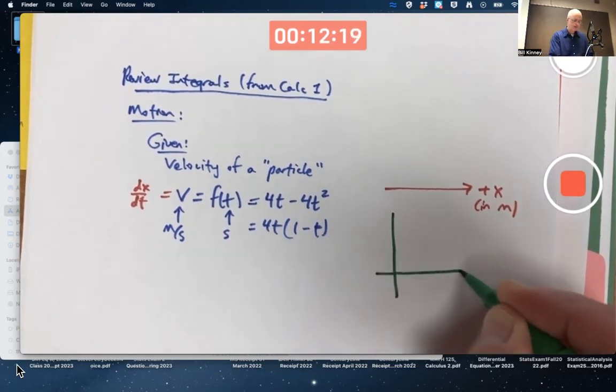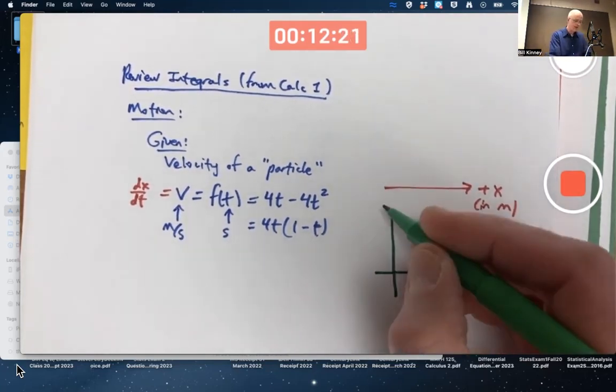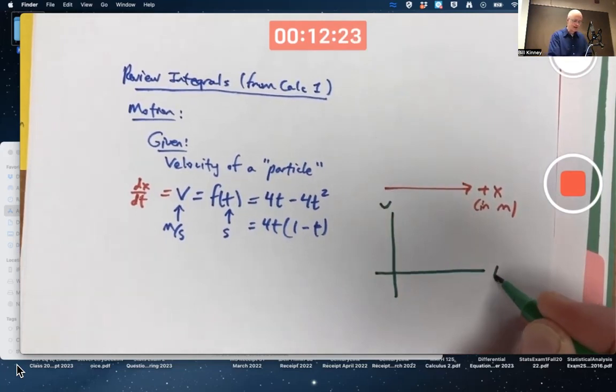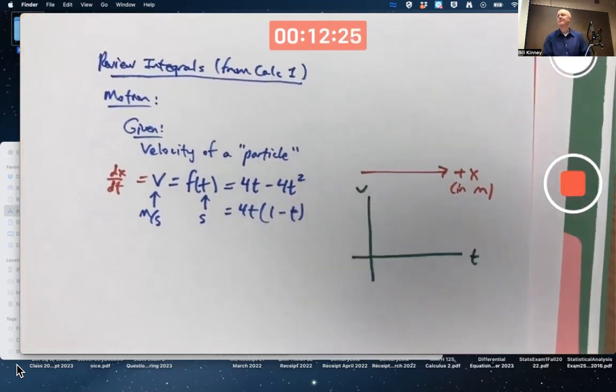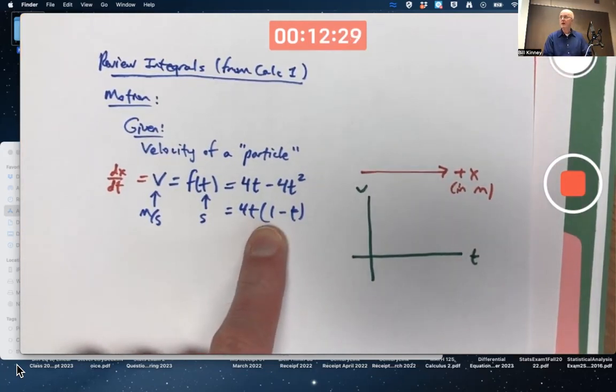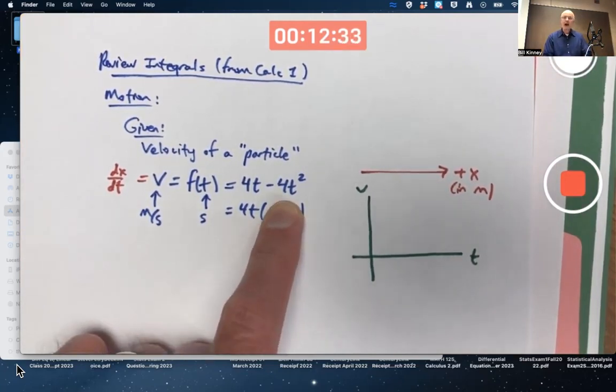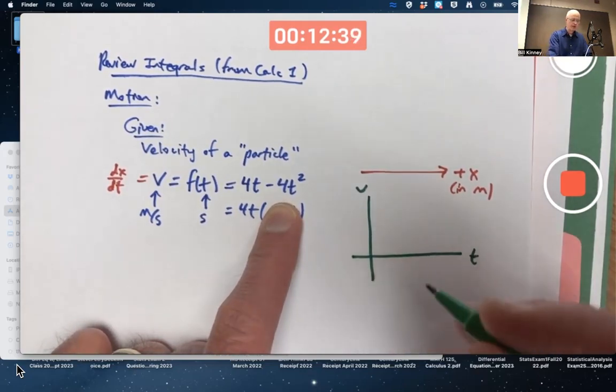How is the particle moving? Let's graph the velocity as a function of time. This is a parabola, quadratic, downward opening because the coefficient of t squared is negative. So it's that kind of shape.